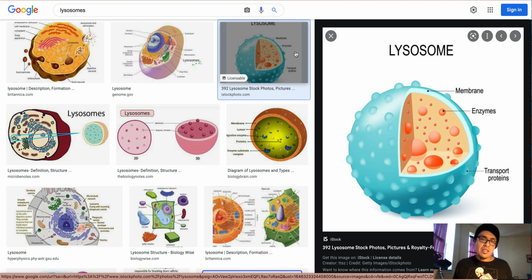And as the name indicates, the digestive proteins are focused on a specific kind of macromolecule, right? So lipases are for fats, the proteases are for proteins, nucleases are for nucleic acids and the breakdown of viruses, viral DNA and RNA, and the amylases are for breakdown of sugar.